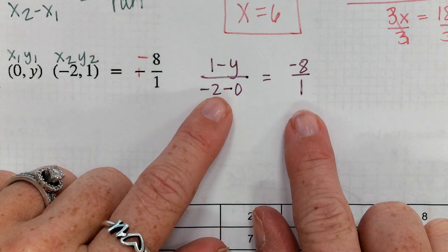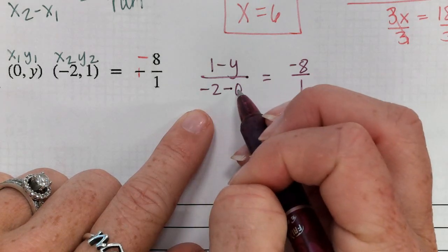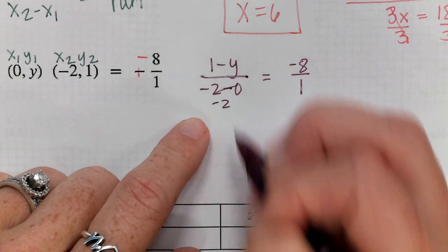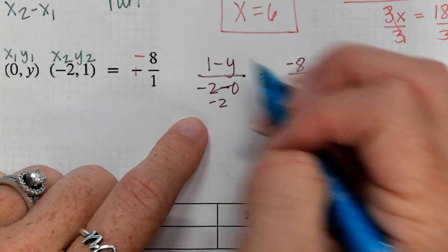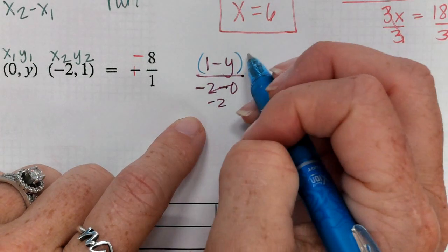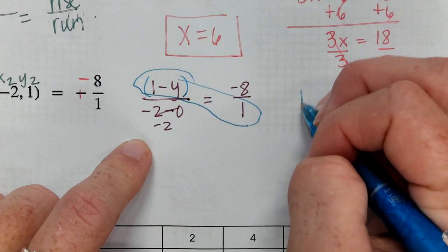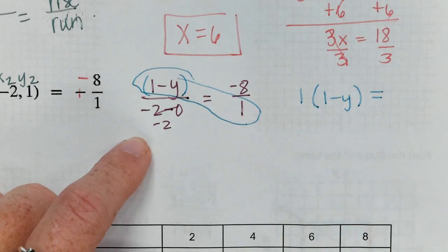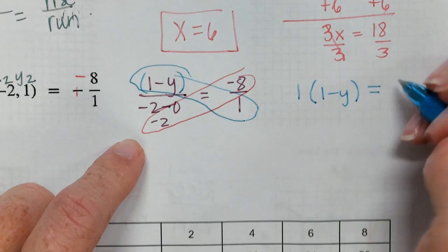How did we do? Good? Okay. Can I go ahead and solve negative 2 minus 0? What is negative 2 minus 0? Negative 2. I am now going to cross multiply. So I need to put this in parentheses. I need to do 1 times 1 minus y. So 1 times 1 minus y equals, and then I need to cross multiply here. What's negative 8 times negative 2?